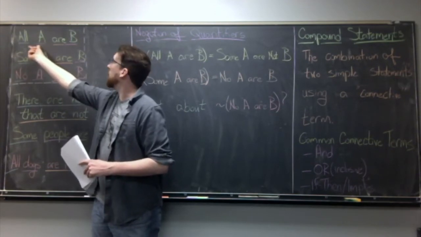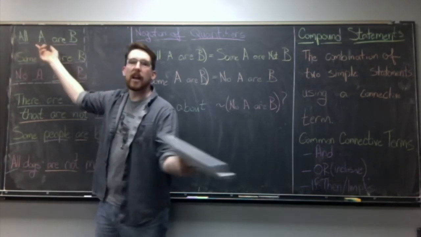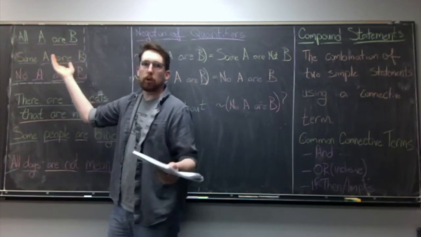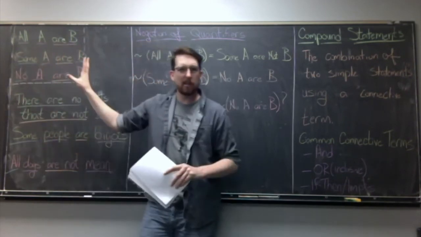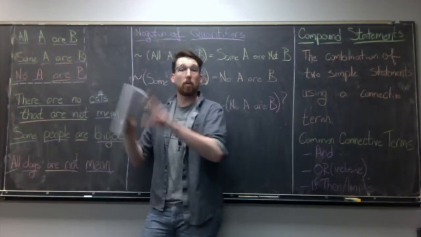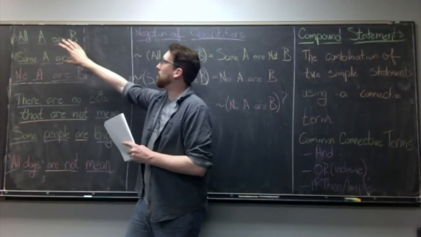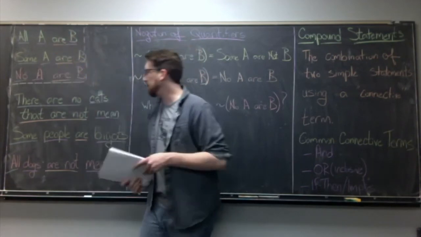Let's say A is cars and B is blue. All cars are blue. We could generally rewrite these statements in forms like this, right? This is the most distilled form of a quantified statement, is what I'm trying to say.